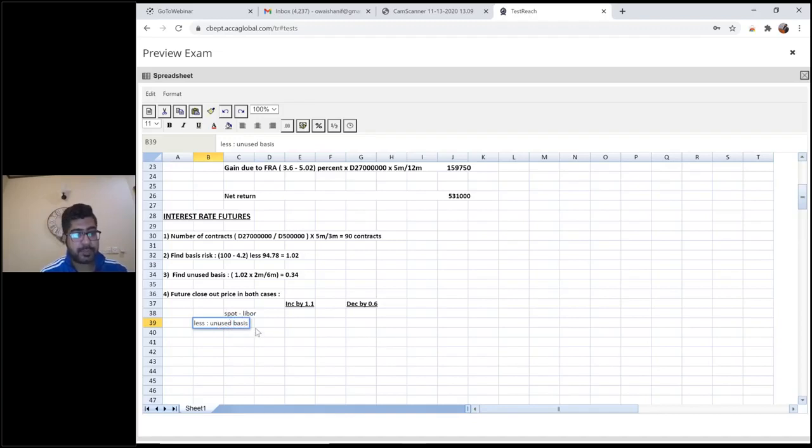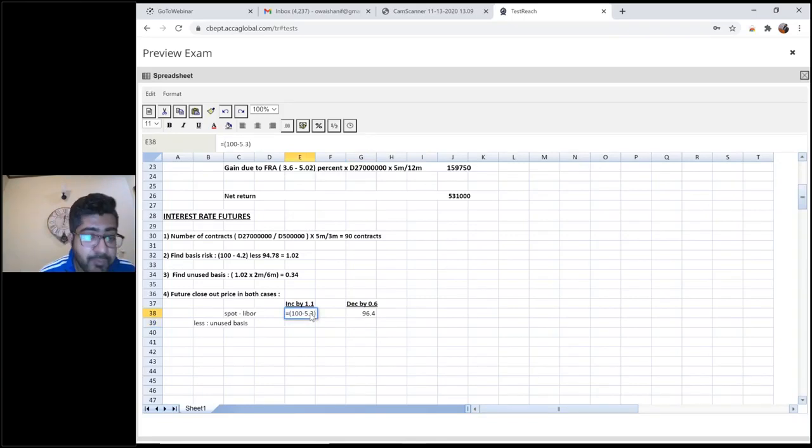Spot minus LIBOR means 100 minus LIBOR. What is the LIBOR here? 4.2, but it's increasing by 1.1, so it's 5.3. And in the other case, spot is 100 minus LIBOR 4.2, but here it's decreasing by 0.6, so it's 3.6.